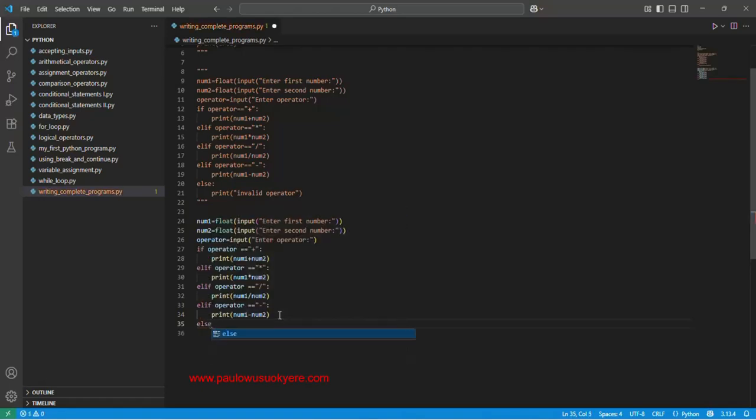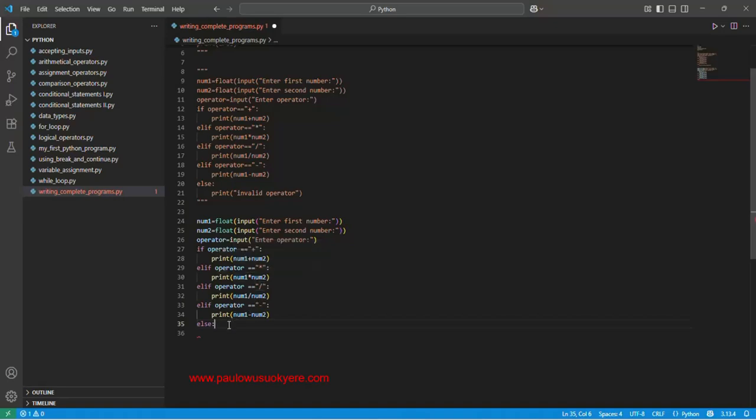Else, the else stands for if the operator is not either of the four operators: addition, multiplication, division, and subtraction.